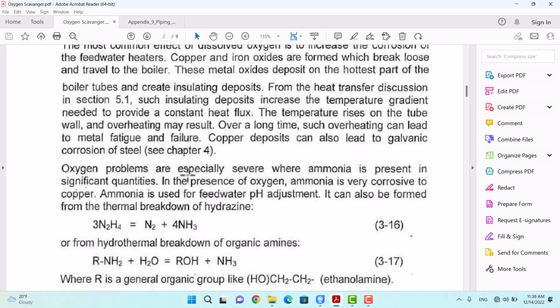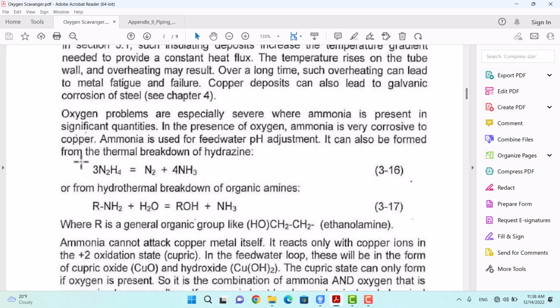Oxygen problems are especially severe when ammonia is present in significant quantities. In the presence of oxygen, ammonia is very corrosive to copper. Ammonia is used for feedwater pH adjustment. It can also be formed from the thermal breakdown of hydrazine, like the equation here.